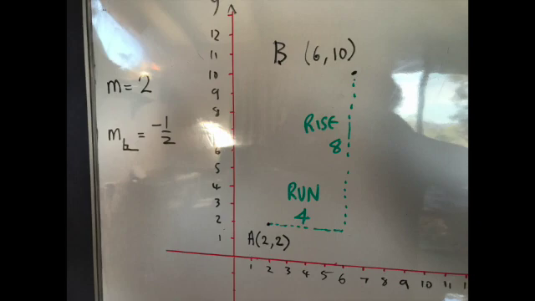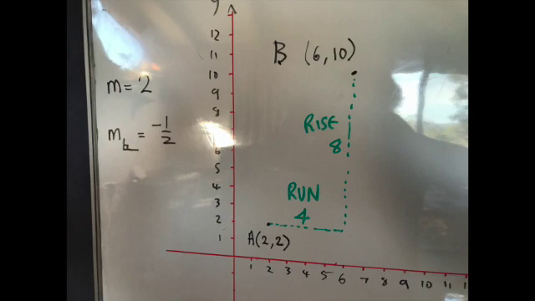I'm going to move 4 units to the right, and that'll mean that I have to do double that upwards. You move 4 across to the right, so I need to go up a total of 8. So from 2 to go up an extra 8, that's going to take me up to 10. So now I've figured out my second point has to be that point (6, 10).